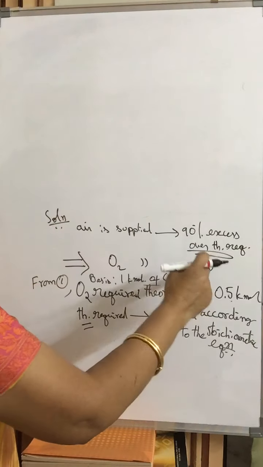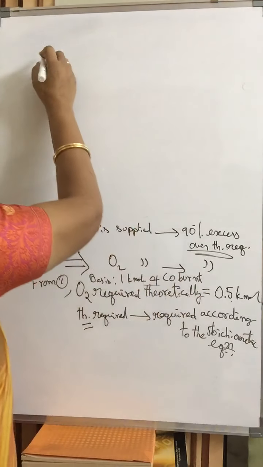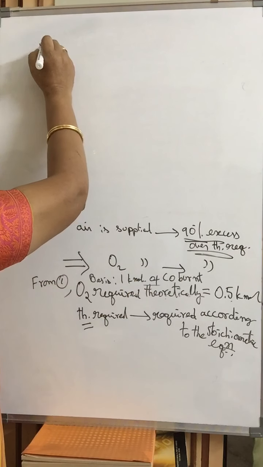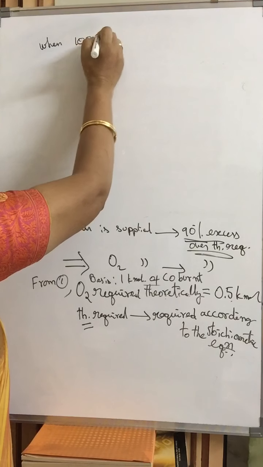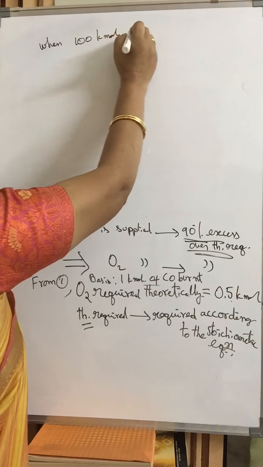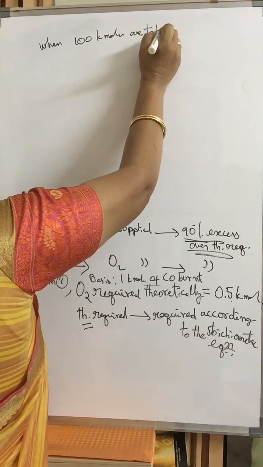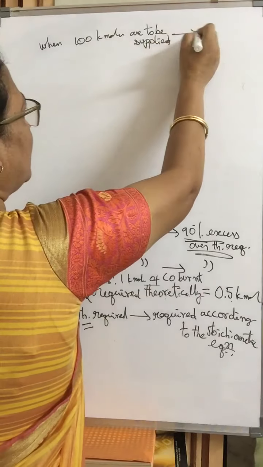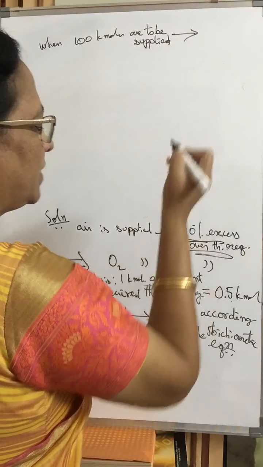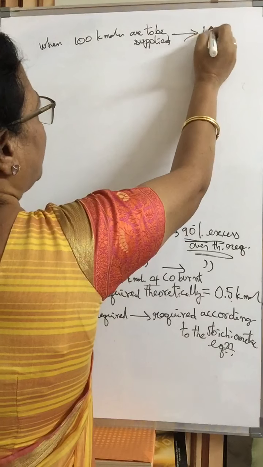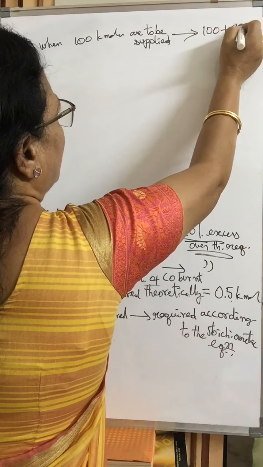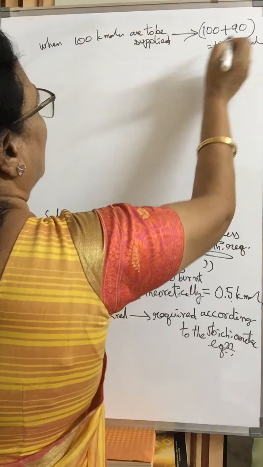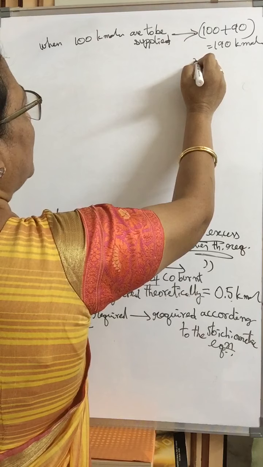What does it mean? 90% excess over theoretical means when 100 kilomoles are to be supplied, how much are we supplying? 90% excess means 100 plus 90, that is 190 kilomoles we are supplying.